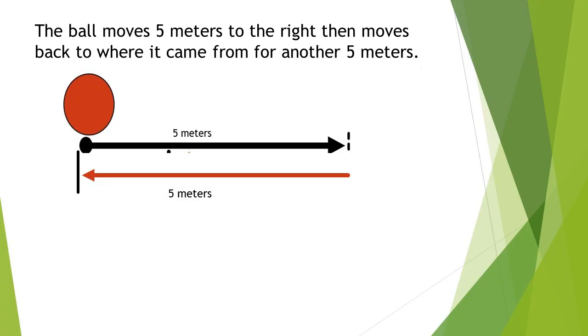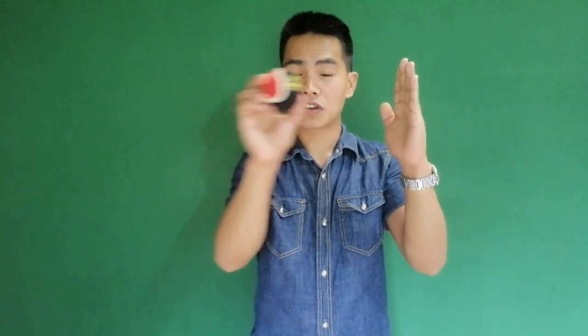Okay, that's it. Now, another example. Suppose this ball from this position moves 5 meters to this direction and moves back to where it came from for 5 meters. Now, what is its distance and displacement? First, the distance is 5 meters plus 5 meters.